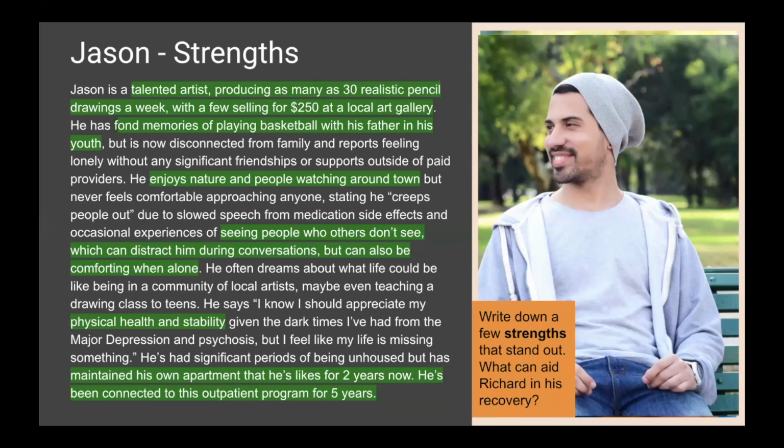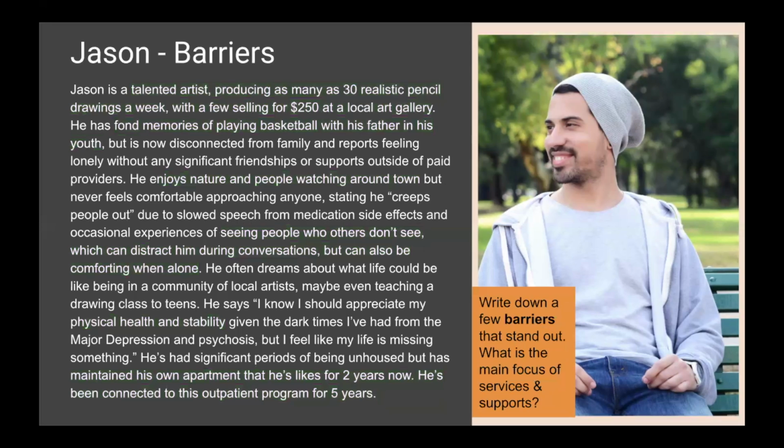So let's reset the vignette here and take a minute to be clear and highlight what are some of the immediate barriers or the focus of support right now. Feel free to pause the video and spend a little bit more time with the vignette to jot down those immediate barriers.